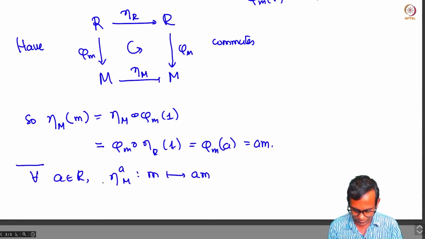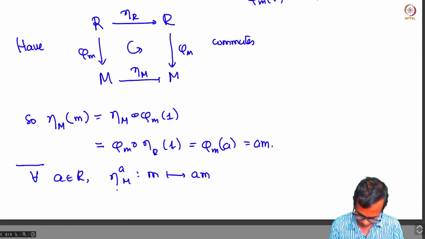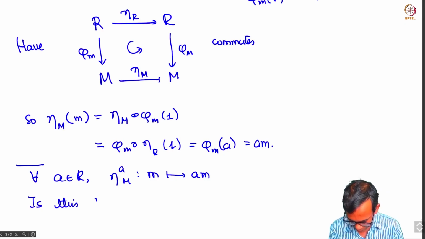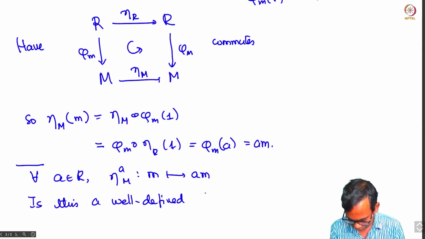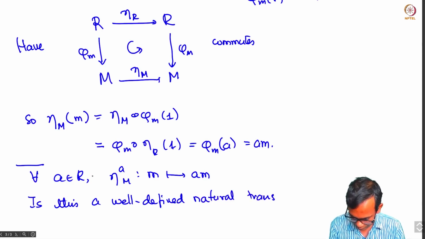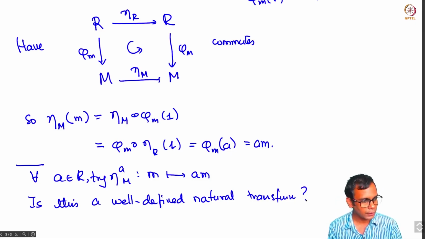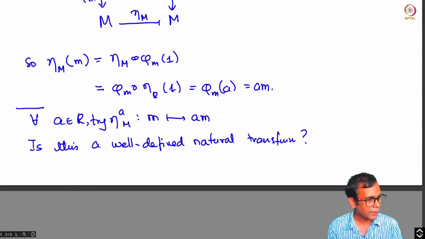We can try to define this, but is this a well-defined natural transformation? So I'm just trying this out, okay? Let's just try it out on R.